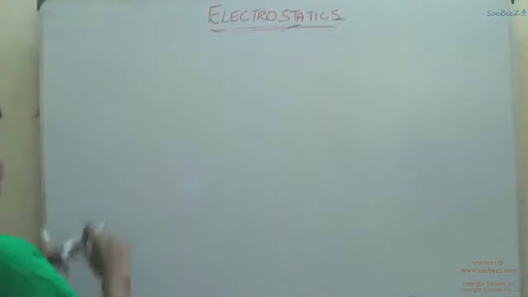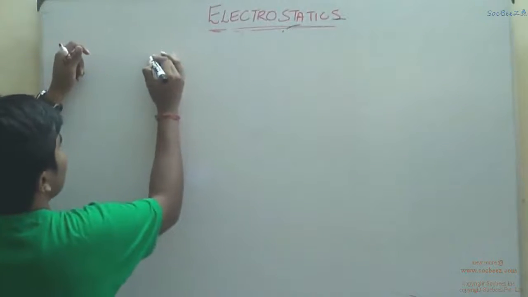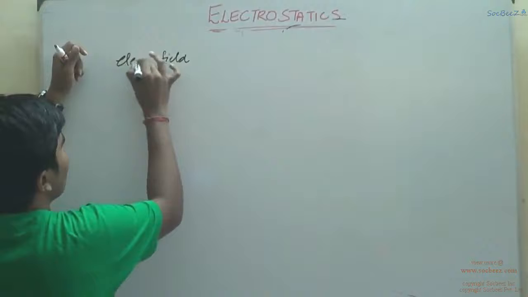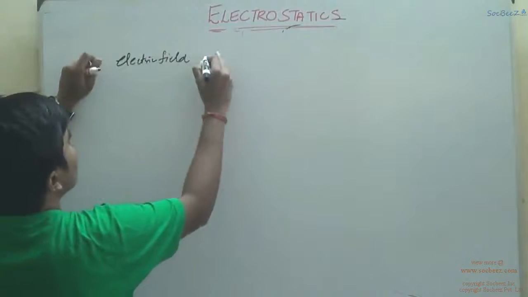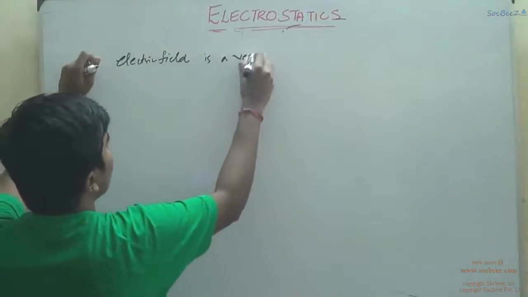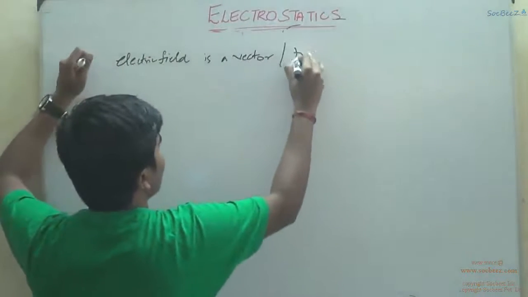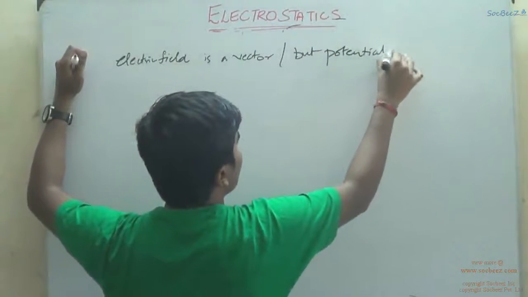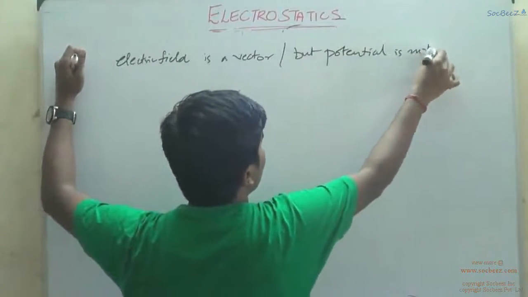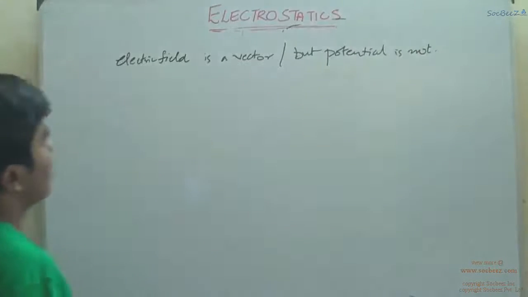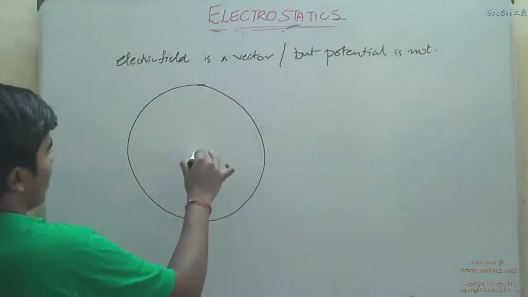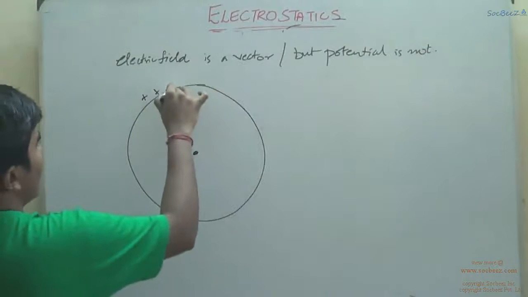The main difference between the electric field and electric potential is electric field is a vector, but potential is not. Okay. So now let us try to find out the potential at the center of the ring.